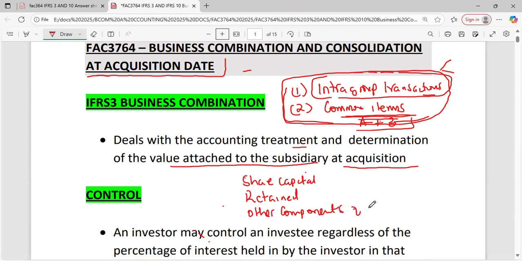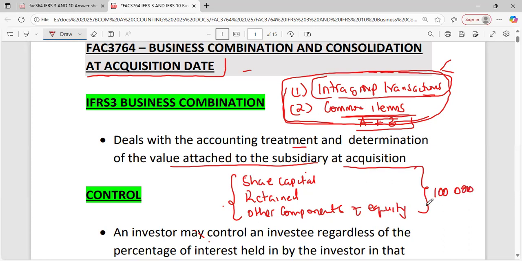So normally this is the value of the subsidiary at acquisition. If the total value of this subsidiary at acquisition is, let's say you add up all this and you get 100,000, this is the value of the subsidiary.